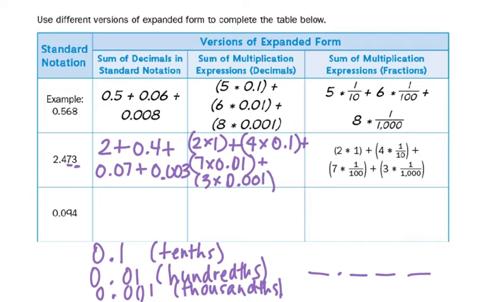And then they did the third one for us. So instead of writing it as a decimal, instead of writing it as 1/10, they're going to write it as a fraction.